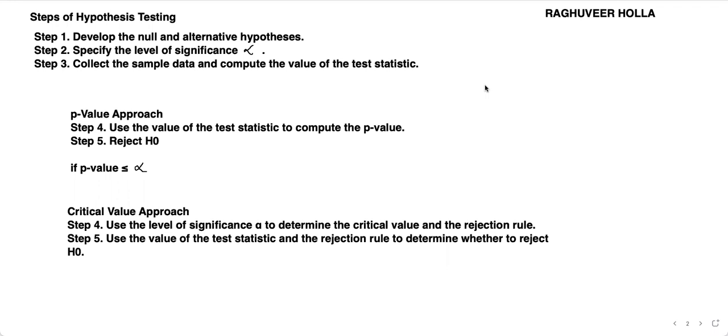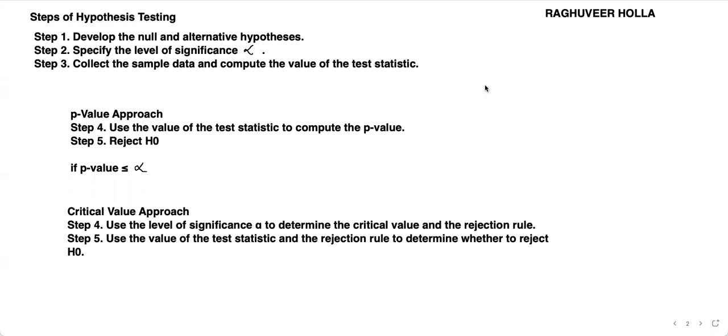So step four, use the value of the test statistic to compute the p-value. And step five, reject H naught if p-value is less than or equal to alpha. And then we have critical value approach, that is use the value of the significance alpha to determine the critical value and the rejection rule.